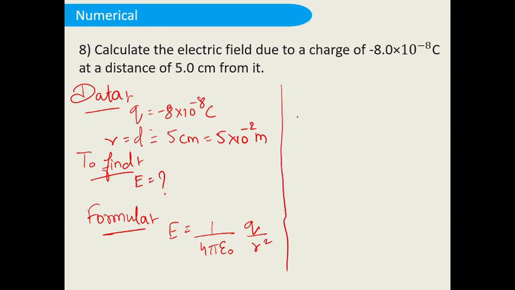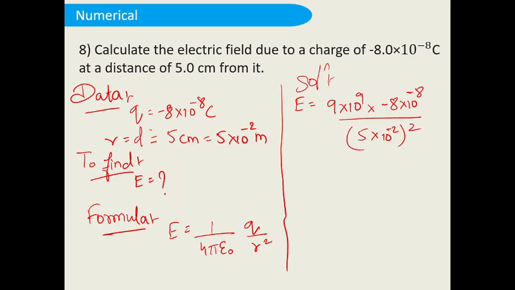So what is the value of E? E value is equal to, if I write the solution, 1 upon 4 pi epsilon 0 is 9 into 10 raised to power 9. The value of Q is minus 8 into 10 raised to power minus 8, divided by R square. R square is 5 into 10 raised to power minus 2 the whole square. So you have to solve this. Negative E we are getting, that means it is opposite to that of the field.